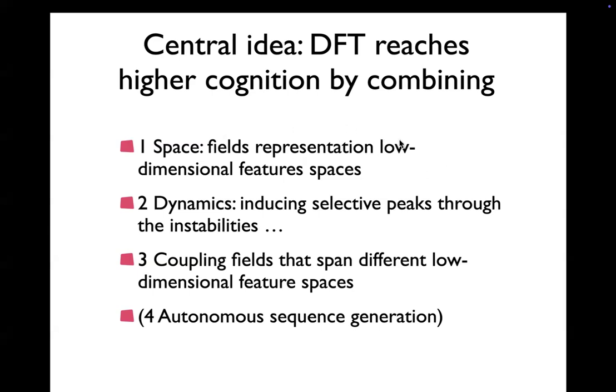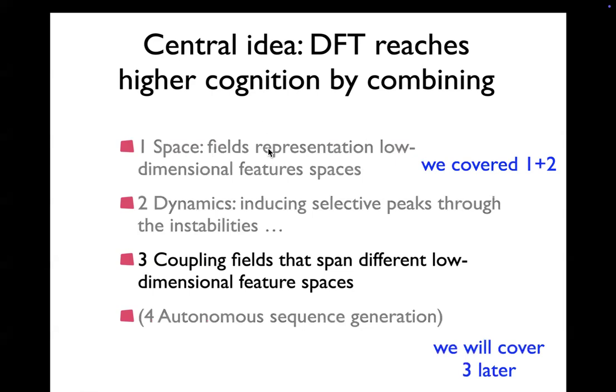So the first 2 points were things that we discussed in the first part of the lecture: that the fields represent continuous spaces. We call those feature spaces, and the activation is a continuous state variable for these spaces. And that neurodynamics then leads to instantiations of units of representation, these peaks, and the instabilities make it possible to be flexible about those: create them, keep them in working memory, make selection decisions, and so on.